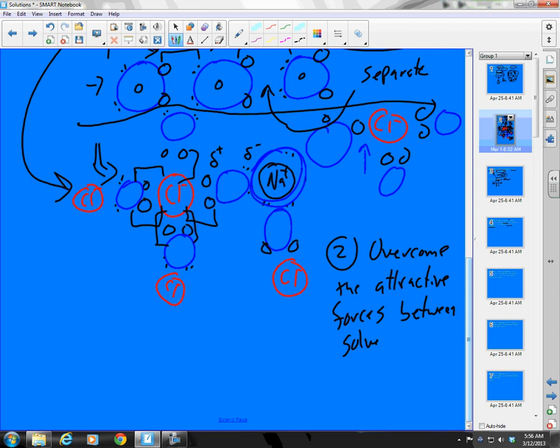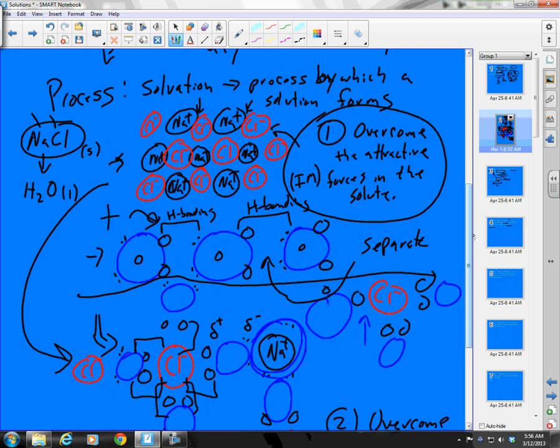solvent particles. Okay? Hey, I better go back and check something here. We have to be careful here. We have to overcome the attractive forces not in the solute, but I want to be clear about this. We're not talking about breaking the hydrogen from the oxygen if that were a solute.